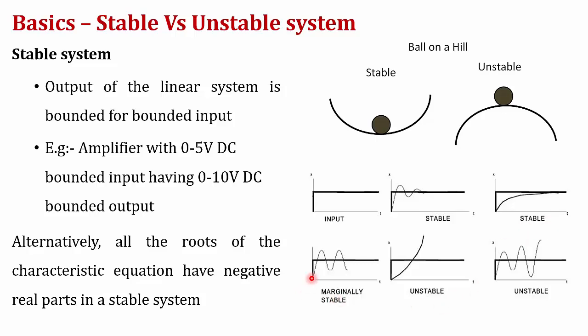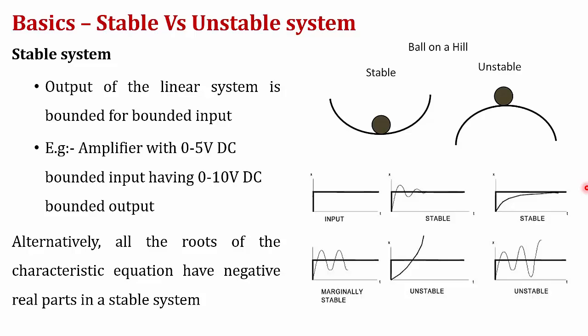Then there is marginally stable, which can be unstable or stable. An unstable system is shown here. If we keep a ball on the hilltop corner, it may move to this side or that side. It can't stay there, because external disturbances will make it move in either direction.